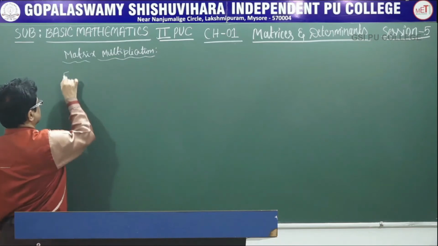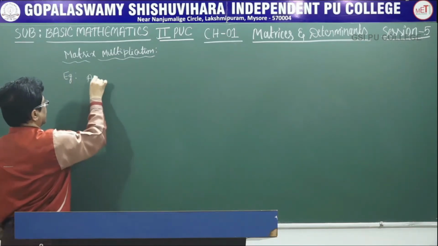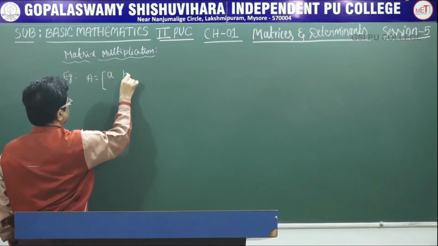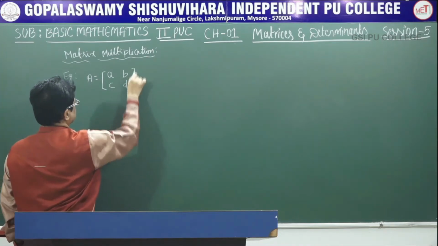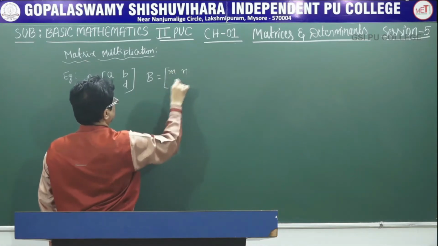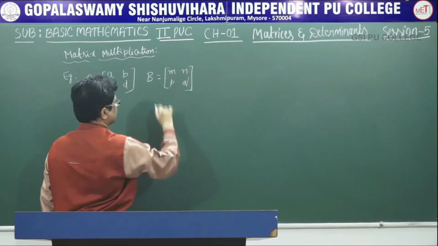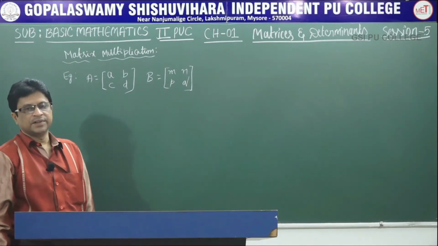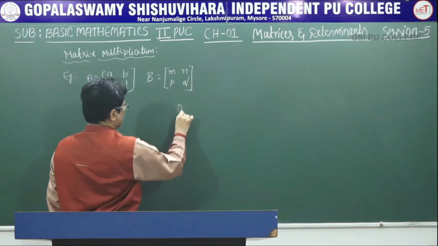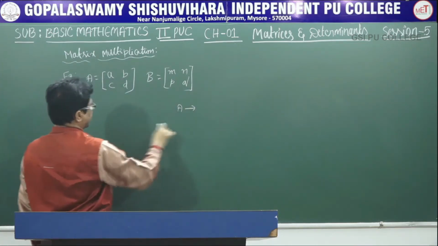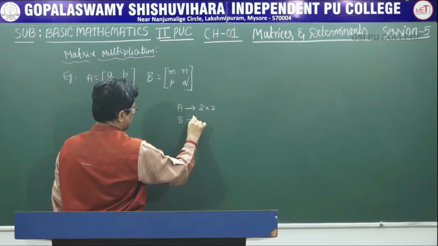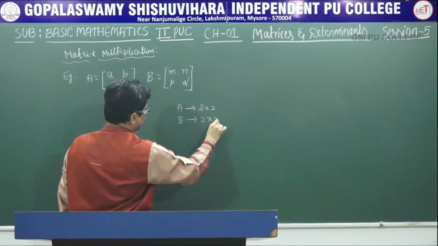So, let us consider an example. Matrix A is equal to A, B, C, D and matrix B is equal to M, N, P, Q. First, let us examine whether the product AB exists or not. Matrix A is of the order 2 into 2 and matrix B is also of the order 2 into 2.